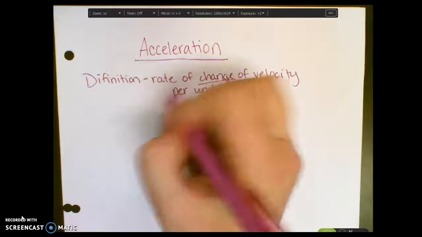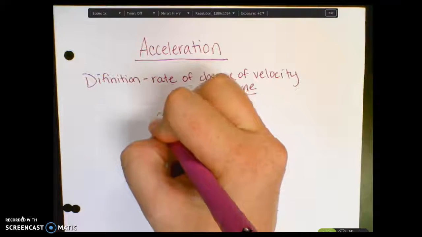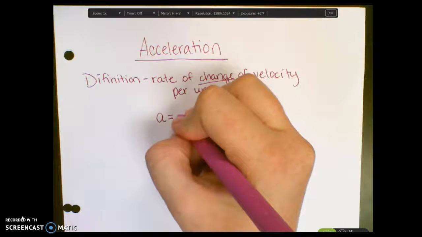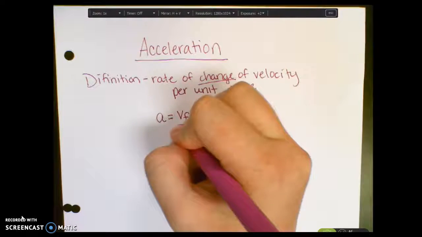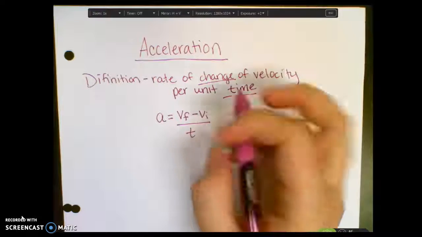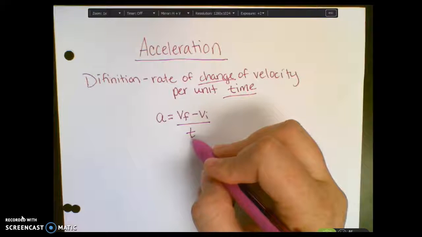The equation for acceleration, or your go-to equation, our number one equation, is the acceleration is change in velocity, so final velocity minus initial velocity per unit time, so over time. Now, this time is actually a duration of time.